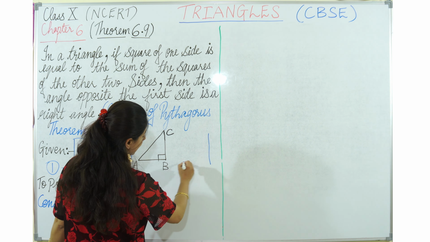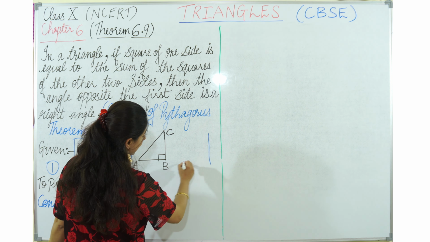So for the construction we are taking a triangle PQR such that angle Q is equal to 90 degrees, and AB should be equal to PQ.